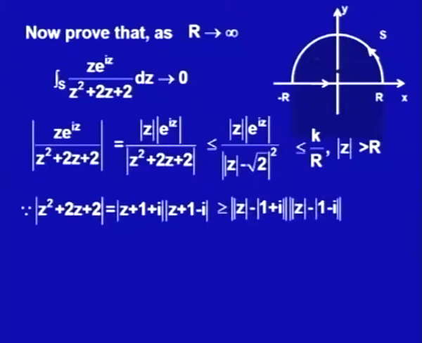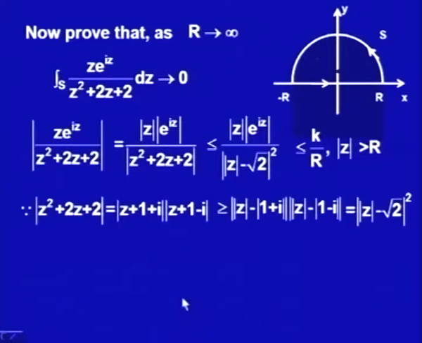So we get mod z minus mod of 1 + i, and mod z minus mod of 1 − i. Mod of 1 + i is square root 2, and mod of 1 − i is also square root 2. Thus this is larger than or equal to the absolute value of (mod z minus square root 2) squared. This is what we have written above.